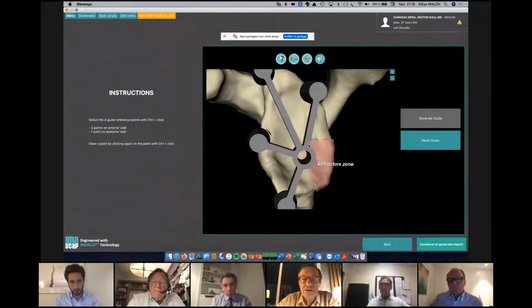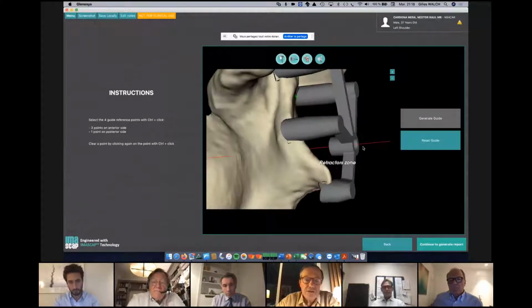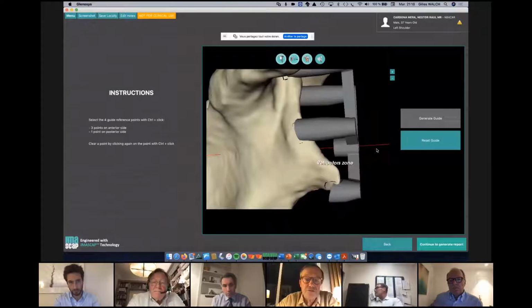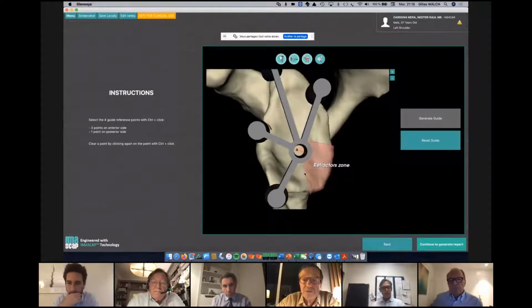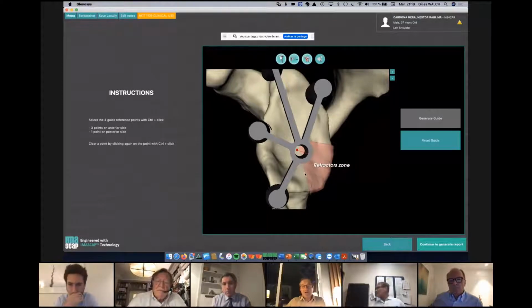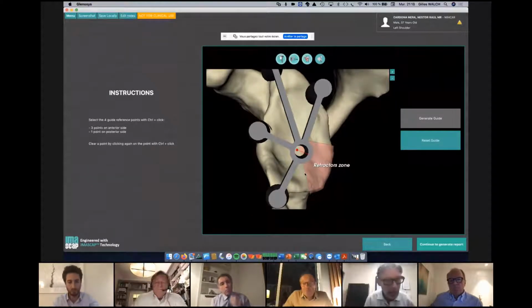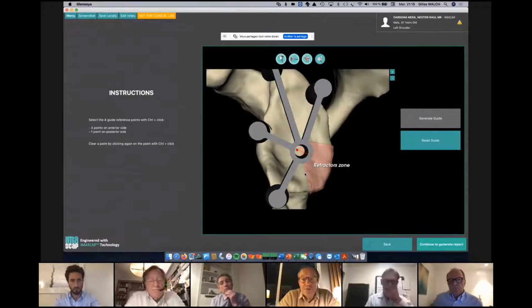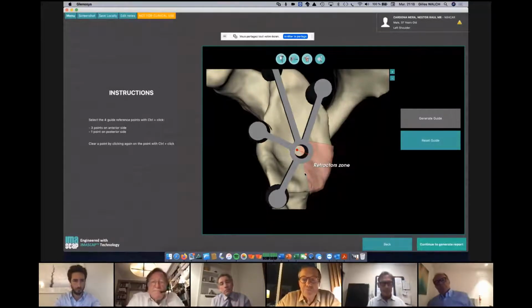Here will be the guide pin, exiting in the centering point. And that would be exactly what I would do by RSA with this guide, patient-specific guide.